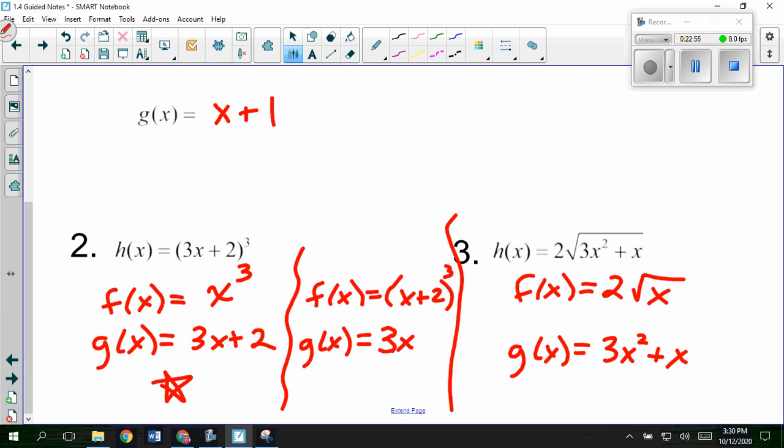I could certainly do this one in a similar way to what I did number 2, but I could technically have the g of x function being the square root of 3x squared plus x, and the f function just being 2x. And that would also kind of work. But again, this one is probably far more the usual one, taking the guts out.